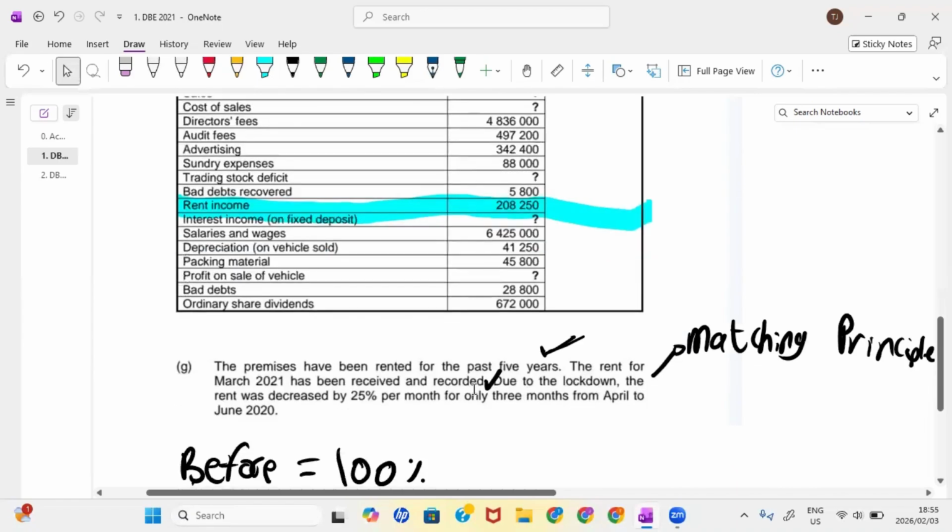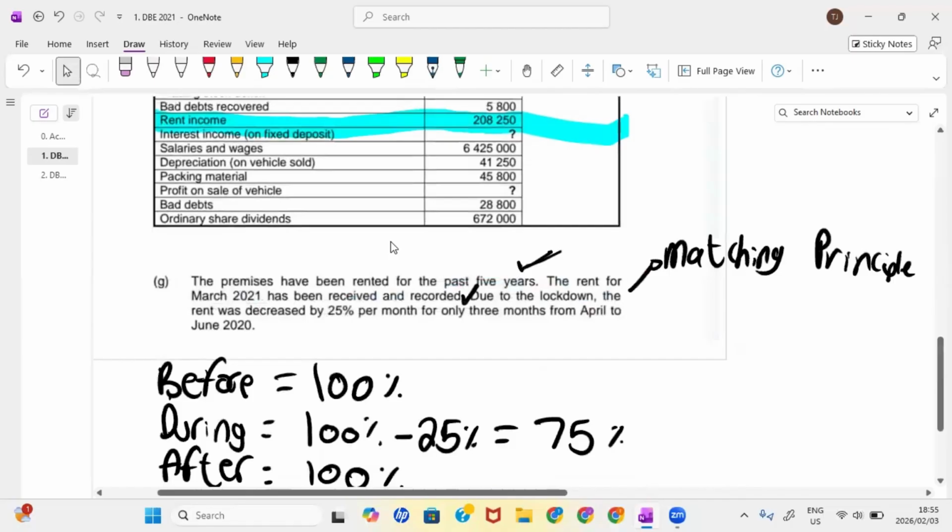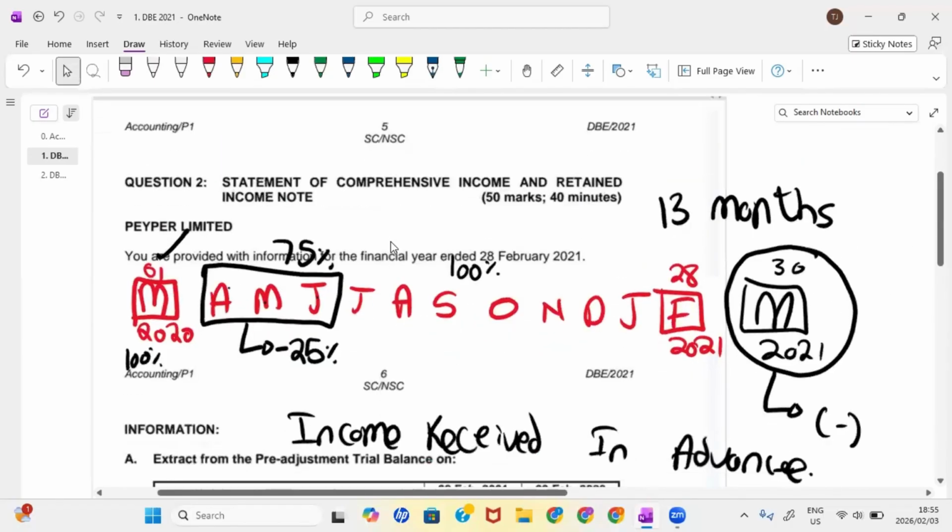So now let's calculate for the months where we were receiving 100%. How many months are there? Can you write in the chat? How many months did we receive 100%? Please write in the chat. How many months?